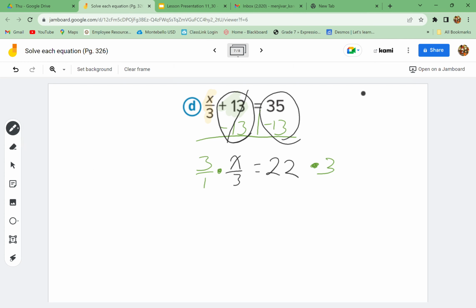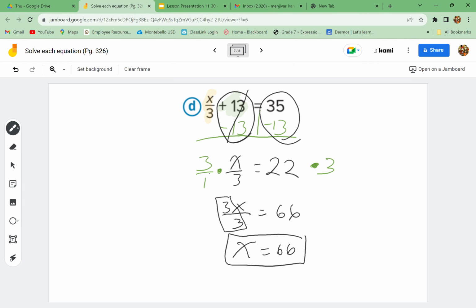You'll have 3x over, because 3 times x is 3x, and 1 times 3 is 3, equals, and on this side you multiply these two, 22 times 3, that should give you 66, I believe. Yeah, 66. Now notice right here it makes a giant 1. This makes a whole. So technically you have 1x already, which is 66.